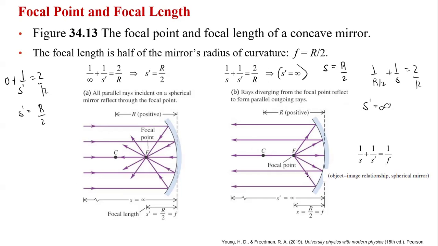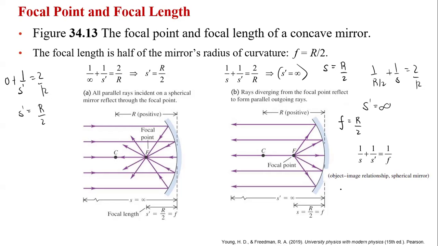So in both cases, since f is equal to r over 2, the focal length is half of the mirror's radius of curvature.